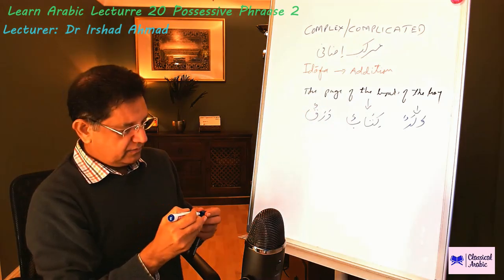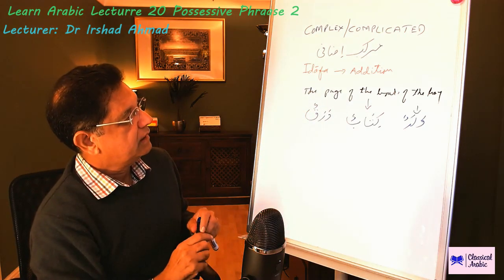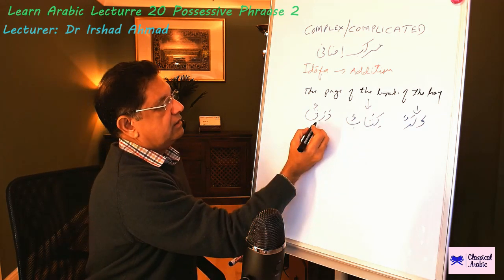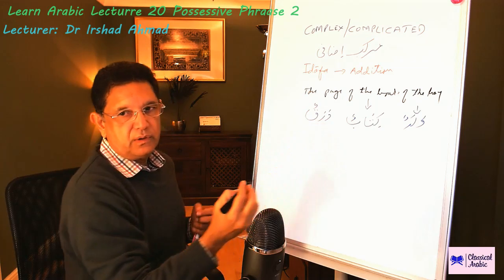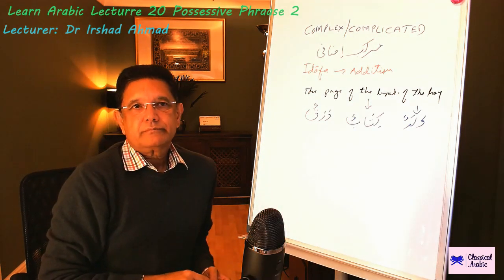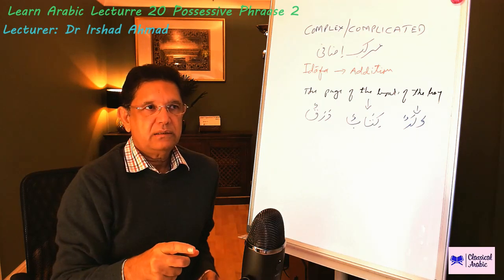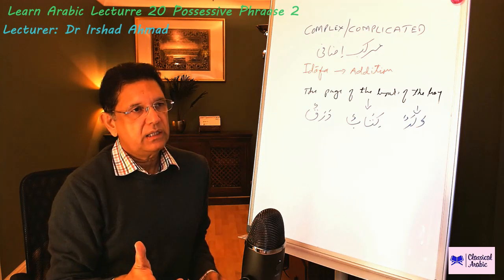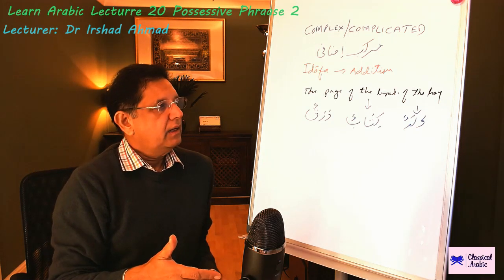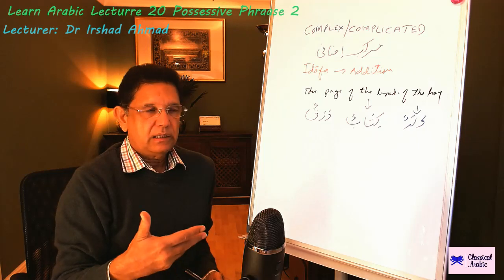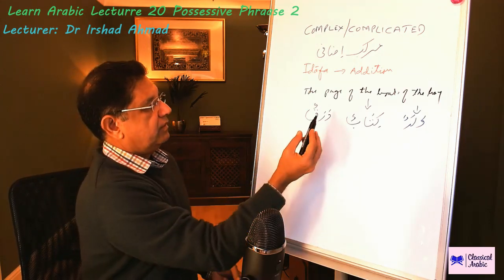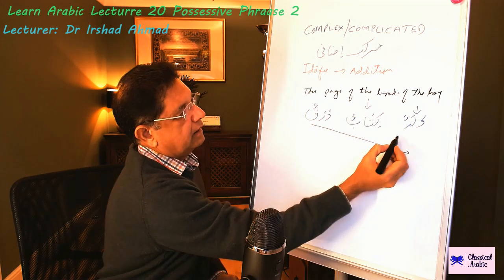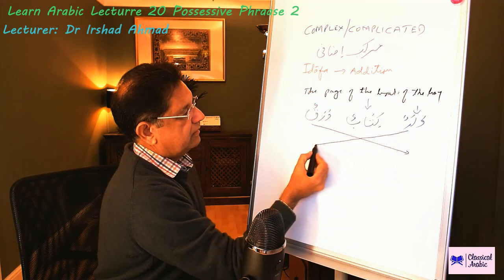As we did in our first video on murakkab idafi, we can do arrows because we know in Arabic mudaf is written first and then mudaf ilayh, which is the other way around in English. In English we say the boy's book, and in Arabic we say it the other way around. So the warak is going to be first, and then this can go to the end.